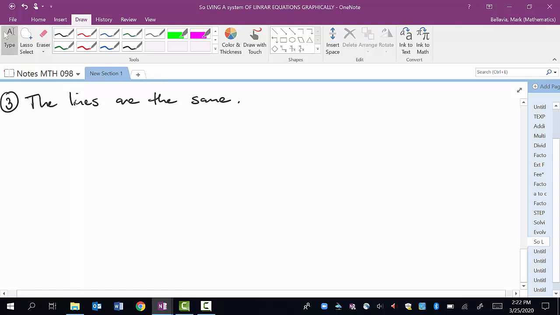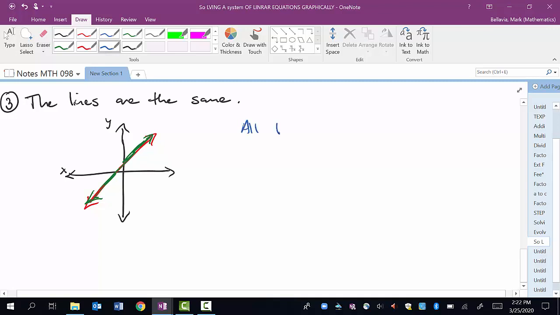So if the lines are the same, and it might not be obvious to you if you look at the equations, at least not at first, that the lines are the same. You know, here's x, here's y axis. You have line 1, you know, maybe it looks like that. And you have line 2, and it's going to be right on top of it. Alright, so those lines are the same line. If the lines are the same, then let's talk about where they intersect.